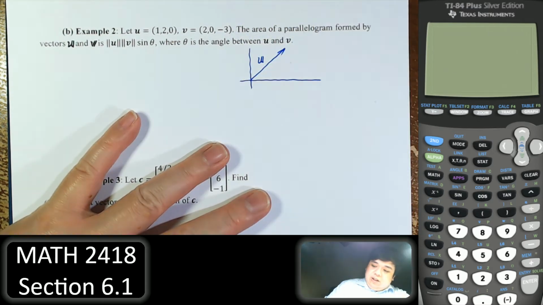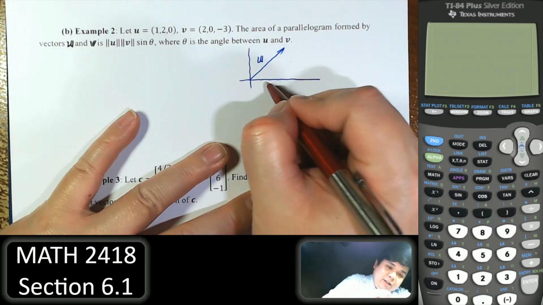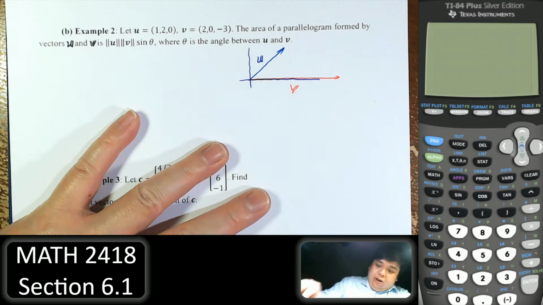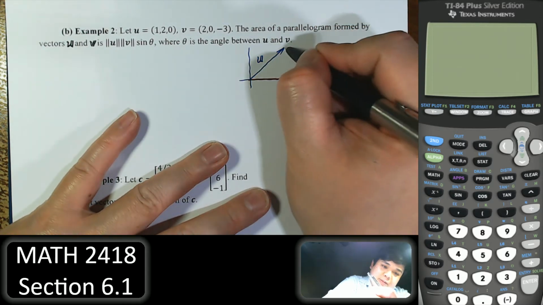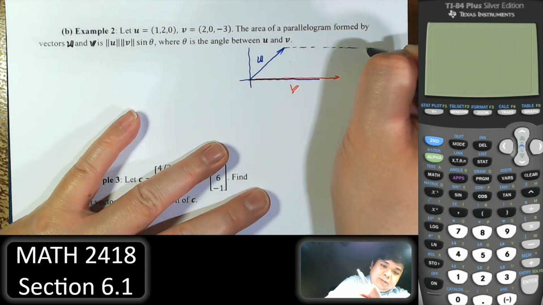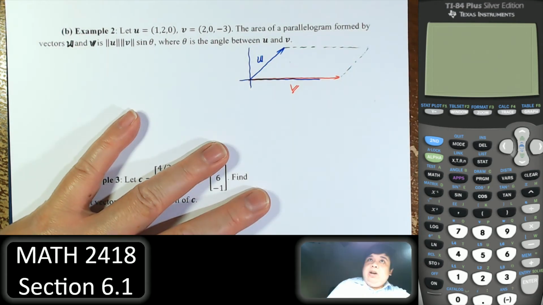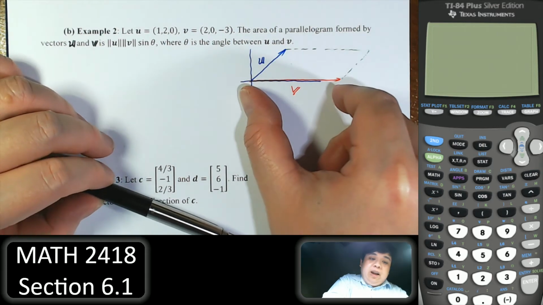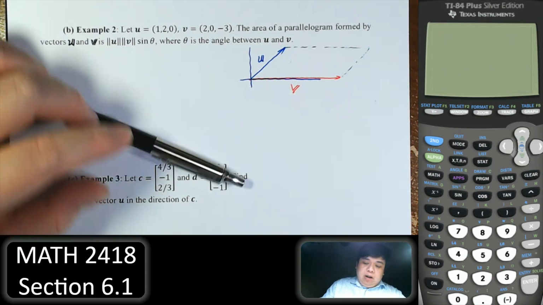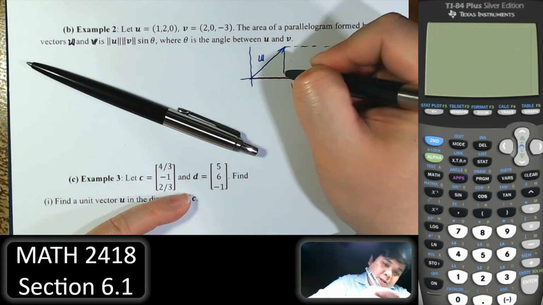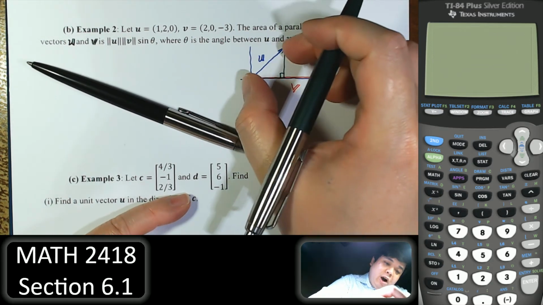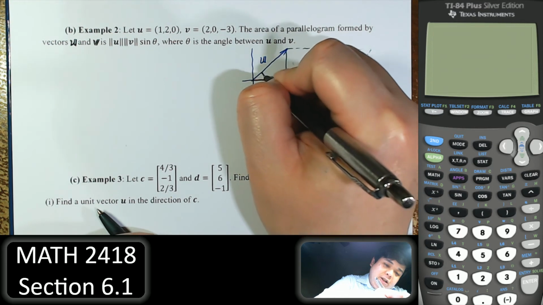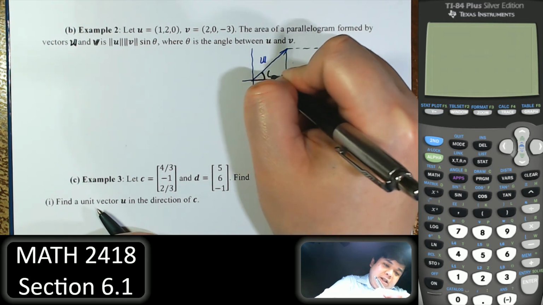This is one vector, and the other vector. The area of the parallelogram is given by the length times height, but the height is equal to the opposite side times the sine of this angle, right?